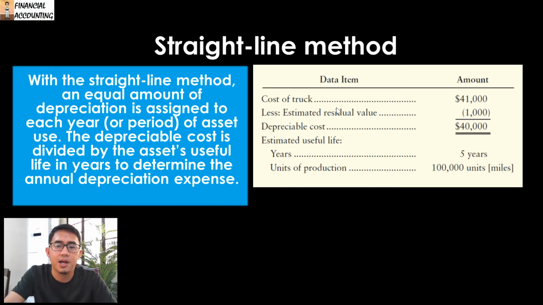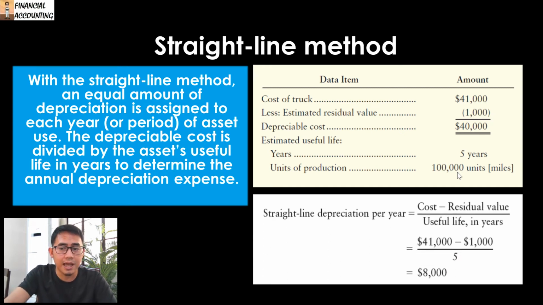We have here the residual value, which again is the estimated value of the asset at the end of its useful life, $1,000. So we have a depreciable cost of $40,000, meaning this is the amount that you will apportion for the rest of the life of the asset. We also have the number of years if we use years, or if we use units of production, 100,000 units or miles.